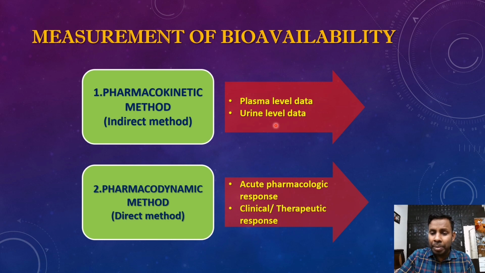We need to estimate what is the concentration of a drug in those plasma or urine samples. Hence it is called as indirect method because here directly drug response is not observed. We need to draw the sample, and in those samples how much drug is there needs to be estimated. Hence it is called as indirect method.